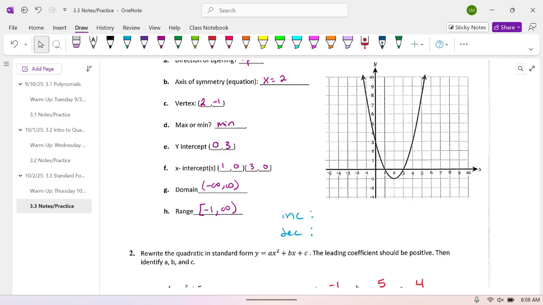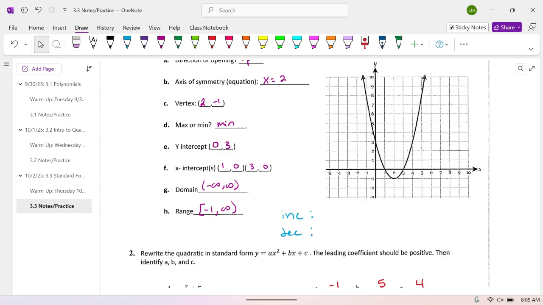In other words, if I run my pencil from left to right, I'm looking at where my graph is going down and where my graph is going up. Where it's going down is your interval of decrease, where it's going up is your interval of increase. What key feature shows us our stopping and starting points for those intervals? The vertex. And since we're only using x values, it's the x value of the vertex.